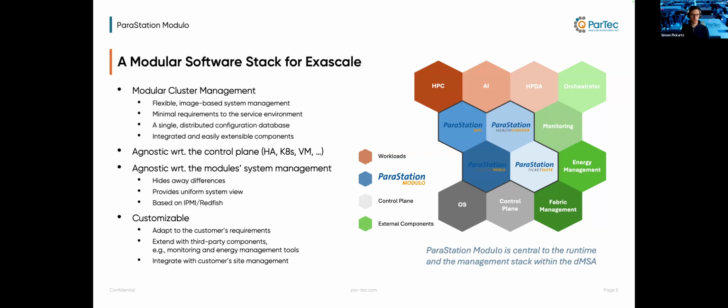Usually we use something which is Red Hat Enterprise Linux based, and on top of that, our tools and solutions for managing large-scale heterogeneous systems sit on top. And we, of course, also integrate with external components such as monitoring systems, orchestration systems, energy management, and so on.